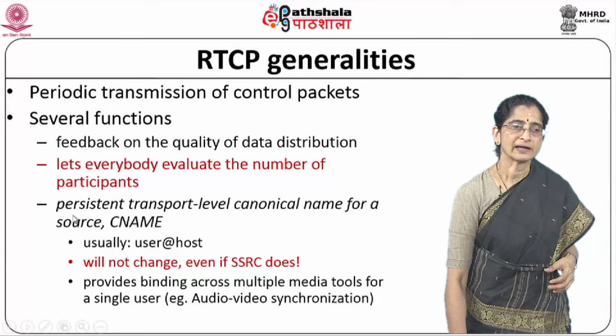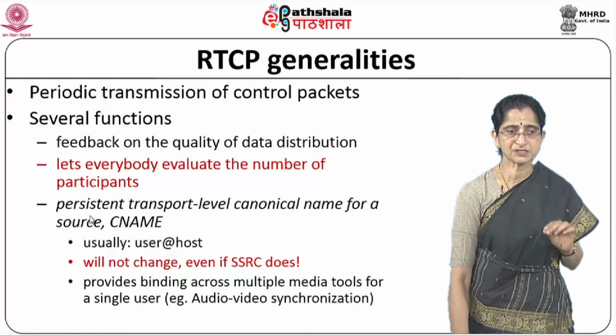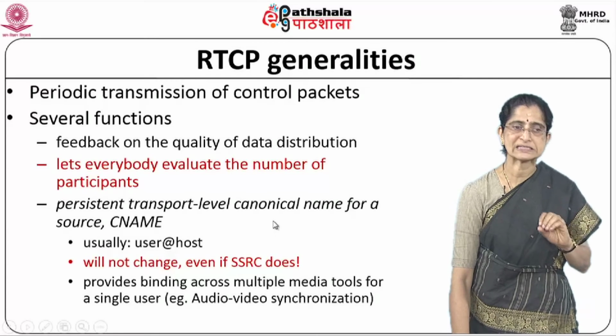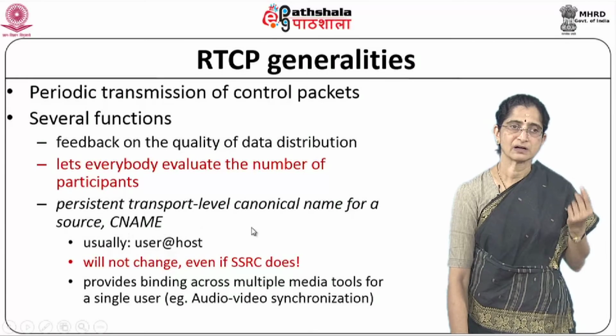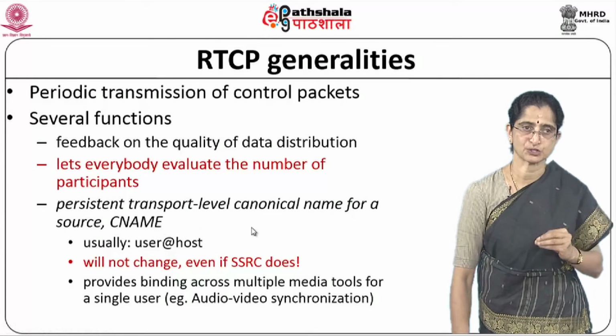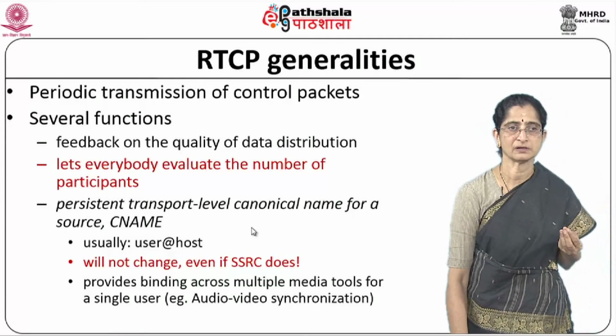And it also allows you to have a persistent transport level canonical name for a source, which is called the CNAME, canonical name. We said that we would like to have something other than an IP address as an identifier for a source. We talked about this when we talked about the design philosophy of the RTP protocol.